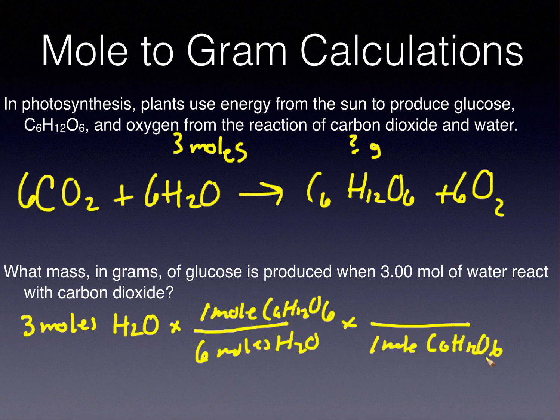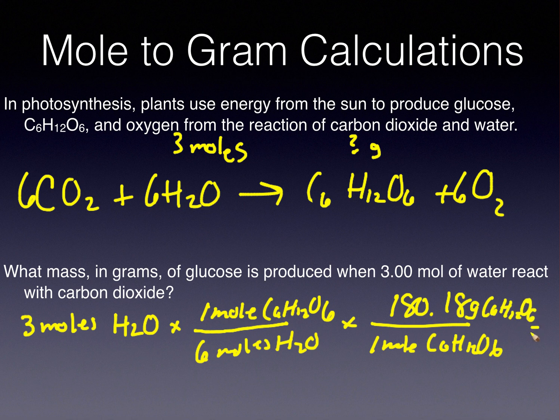So we calculate the molar mass of glucose. So we have 12.01 times 6, plus 12.12, plus 96, which will give us 180.18 grams of C6H12O6.